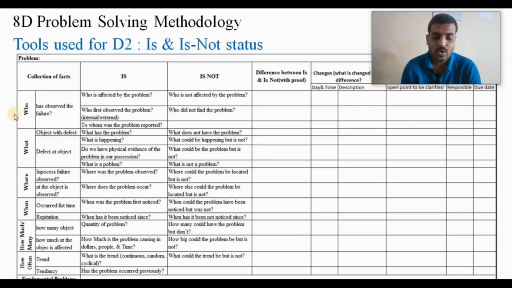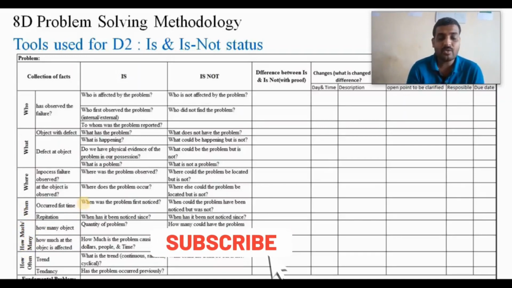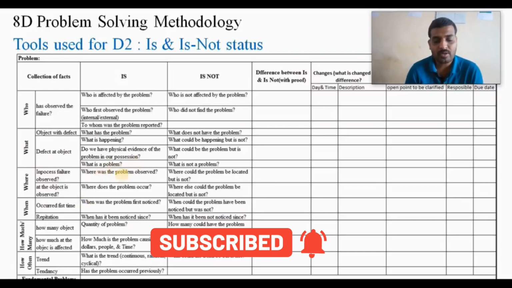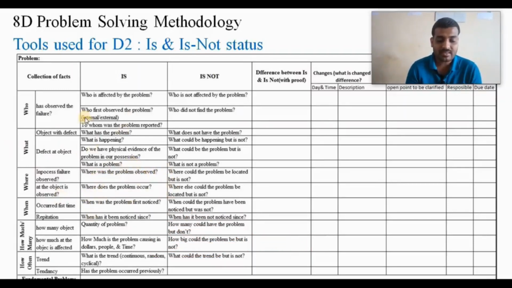With this, you have to take the is and is not status. Here you can see who observed the failure, who is affected by the problem and who is not affected, who first observed the problem, who did not observe it, then what is the defect, what has the problem, what does not have the problem, what is a problem and what is not a problem, and so on.